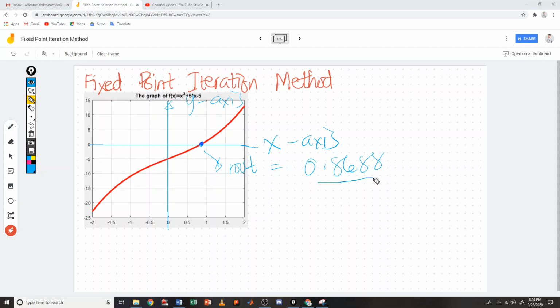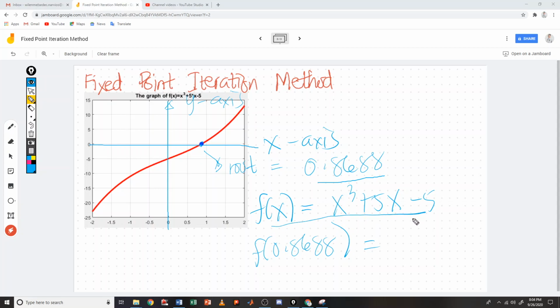If you substitute this root, 0.8688, into the function x cubed plus 5x minus 5, the function will result in 0. So if f of x is 0, therefore we have already found the root of the function.